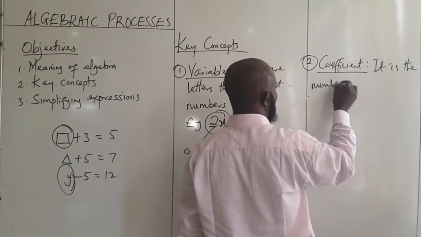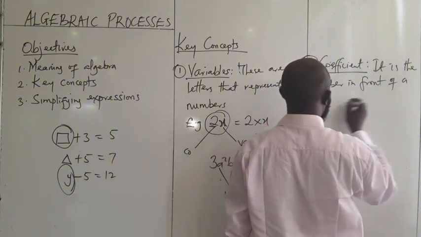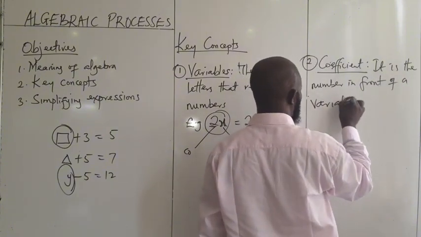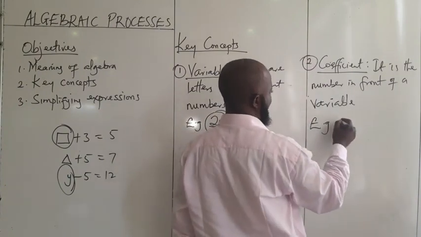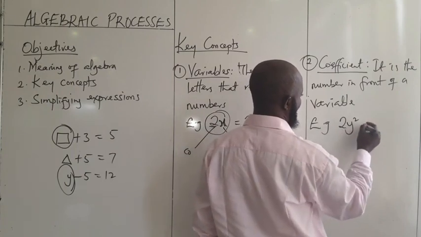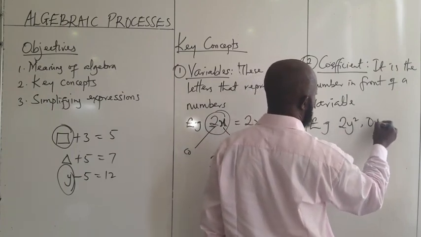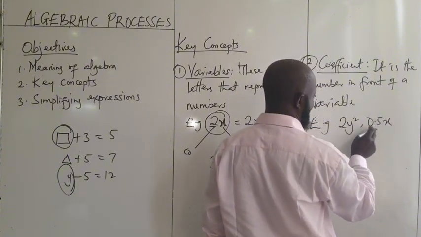It is the number in front of a variable. So for example, we have 2y squared, so the coefficient here is 2. We have 0.5x, this is also a coefficient.